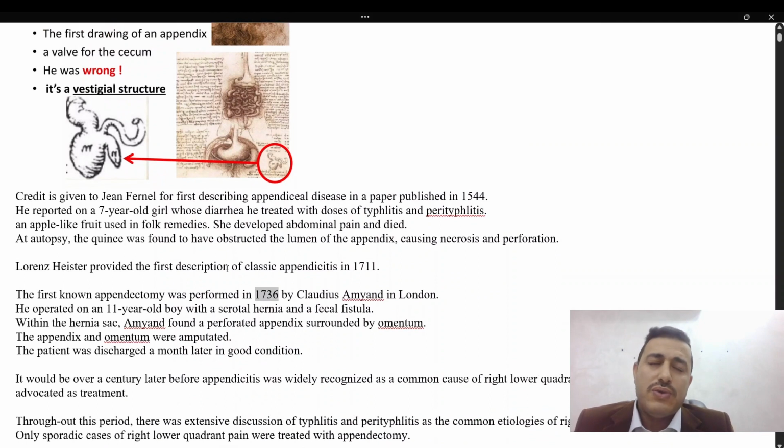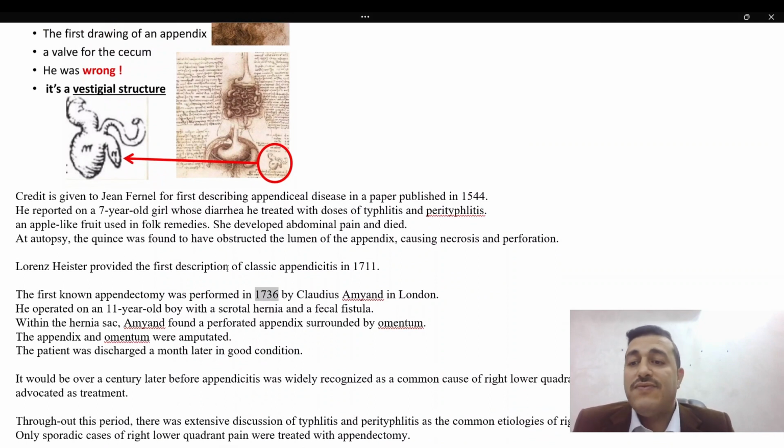If we go deeper into the history, the first who described appendiceal disease, not the classic appendicitis, but that there is an appendix and it could be the cause of mortality and morbidity, was Jean Fernel.